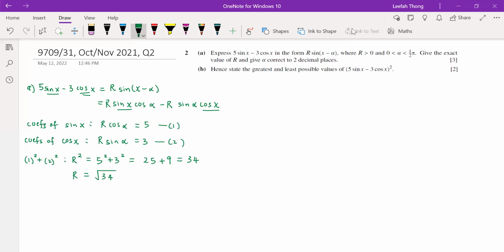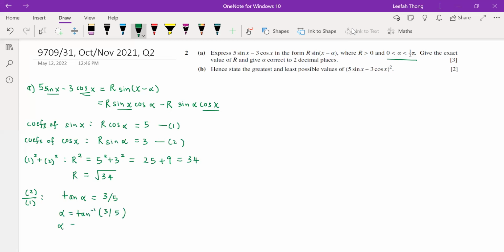To find the value of alpha, we can divide equation number 2 by equation number 1. We have sine alpha divided by cos alpha, that is tangent alpha, and that is given by 3 over 5. Tangent is positive in quadrants 1 and 3, but we are given that alpha must be in quadrant 1. Then alpha is given by inverse tangent of 3 over 5.